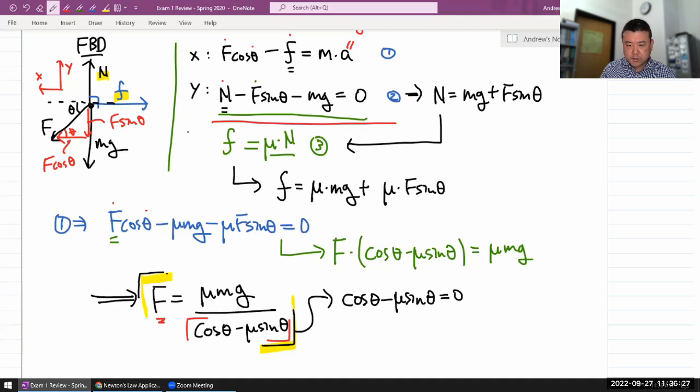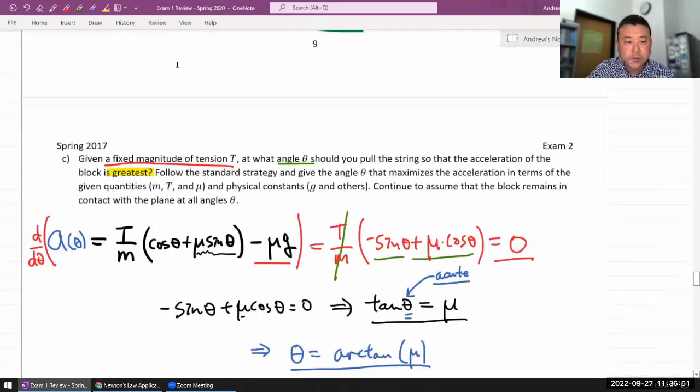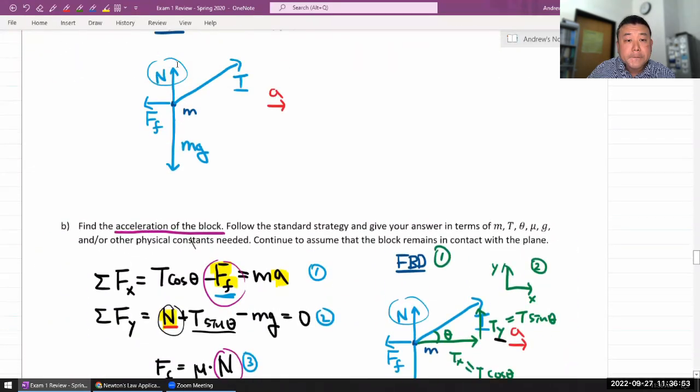Move that over. Doing the algebra, I'm just going to do that in my head. You get tangent theta is equal to 1 over mu. I skipped like 3 or 4 steps of algebra, so if necessary, pause the video and work through it carefully, step by step. Let's see if we are given the value of mu.